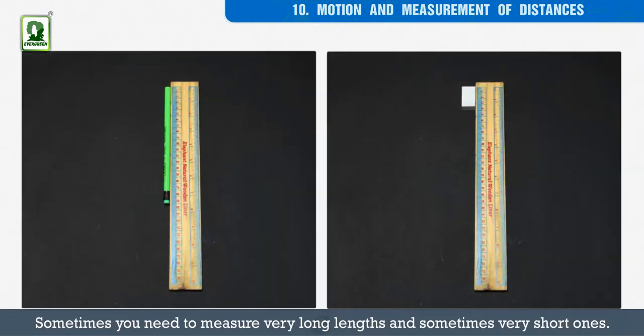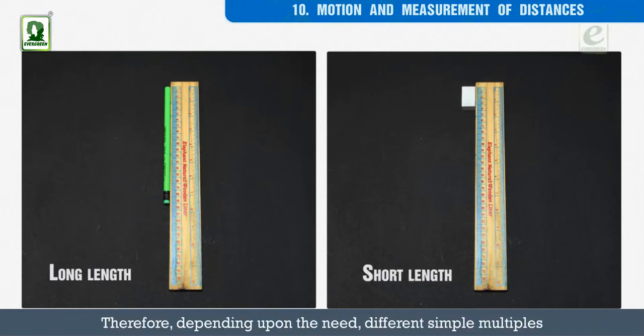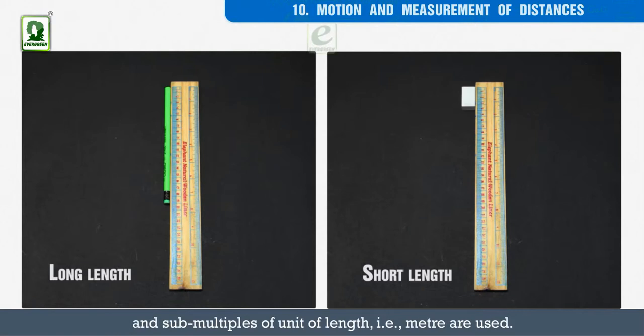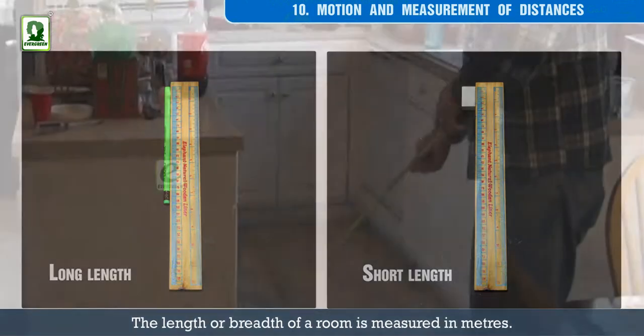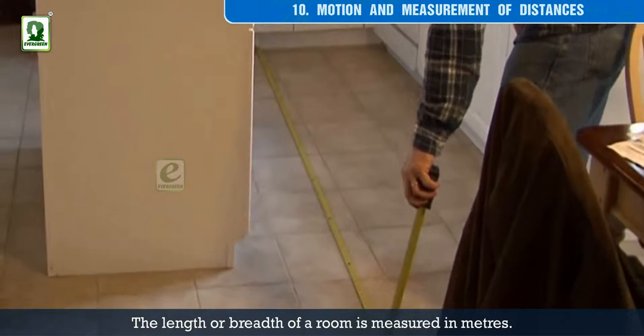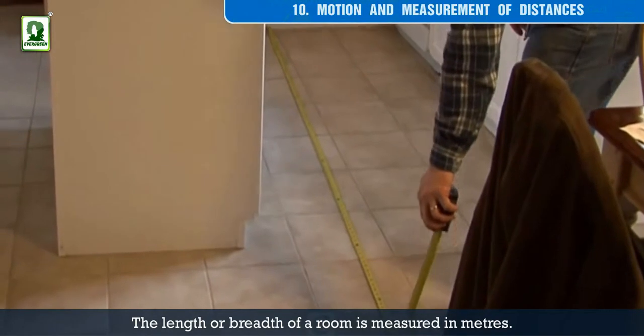Sometimes you need to measure very long lengths and sometimes very short ones. Therefore, depending upon the need, different simple multiples and submultiples of unit of length, that is, meter, are used. The length or breadth of a room is measured in meters.